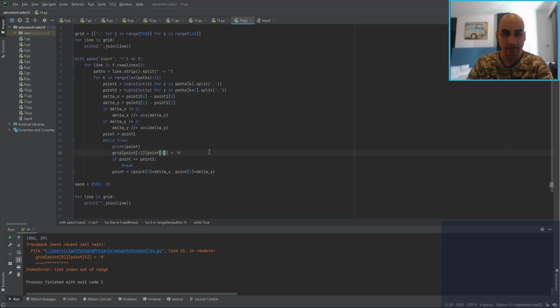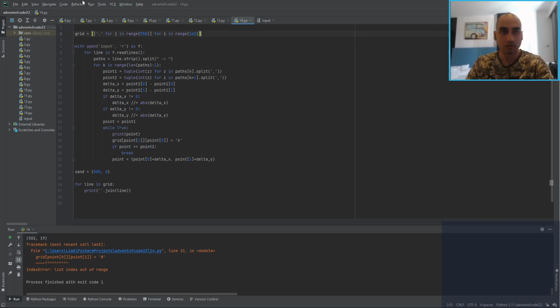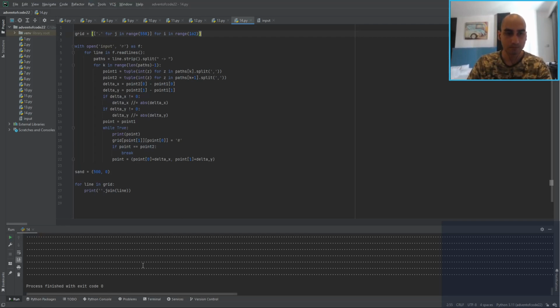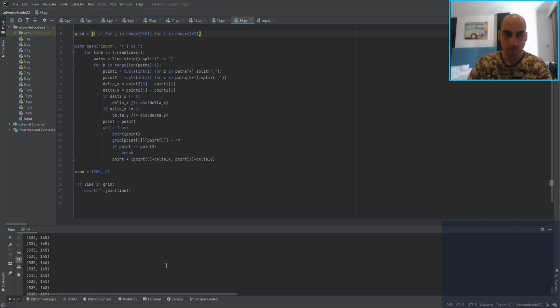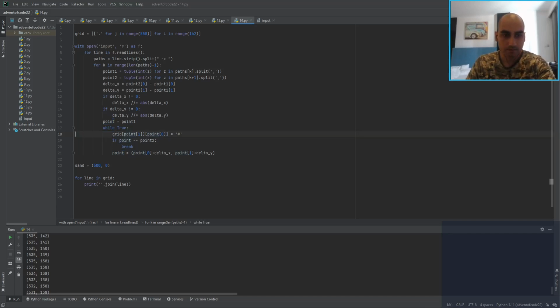You access the Y, then the X. Basic stuff. Yeah, let's not print that anymore. Okay, let's not print this either. That seems fine.